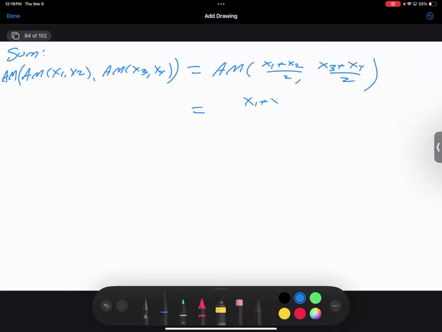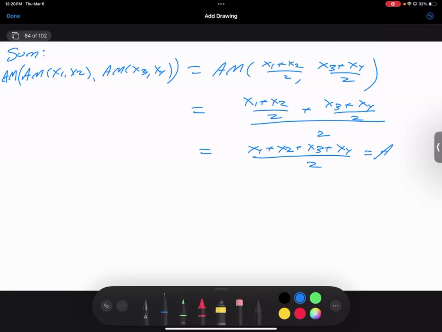That's ((x1 plus x2)/2 plus (x3 plus x4)/2)/2, which is (x1 plus x2 plus x3 plus x4)/2, which is the arithmetic mean, and I'll put a subscript 4, of x1, x2, x3, x4. It's over 4. So 2's can become 4's without too much trouble.